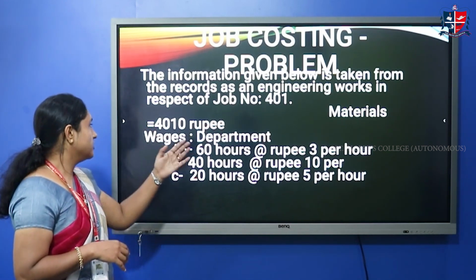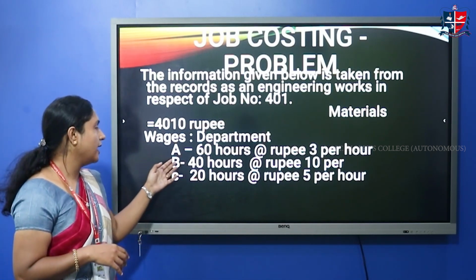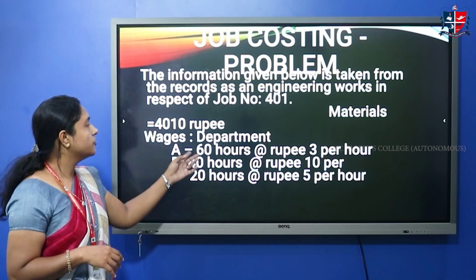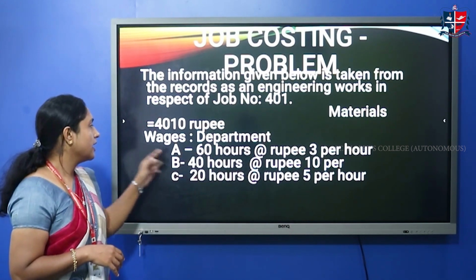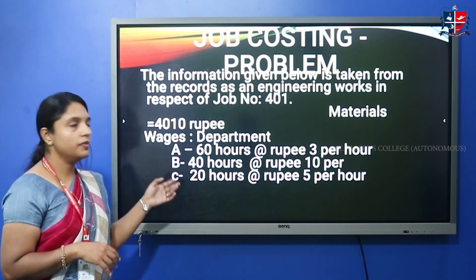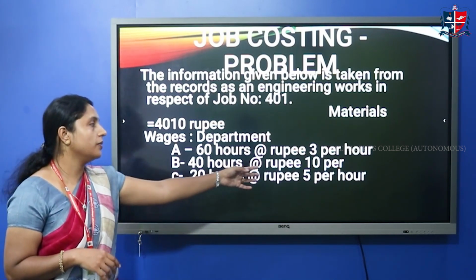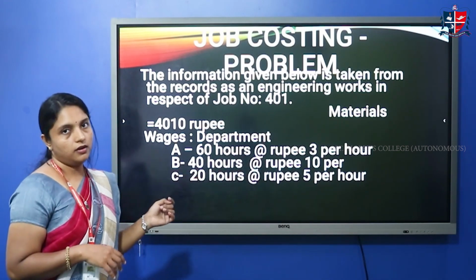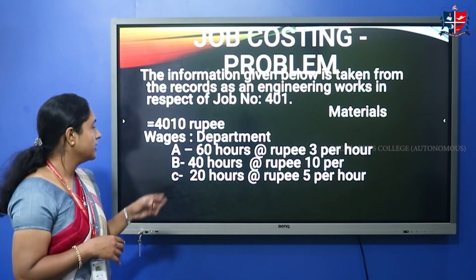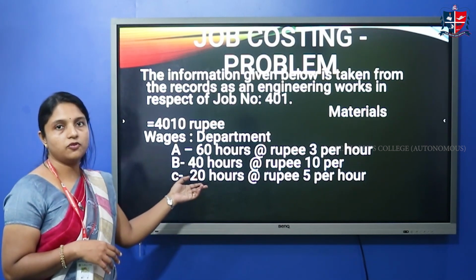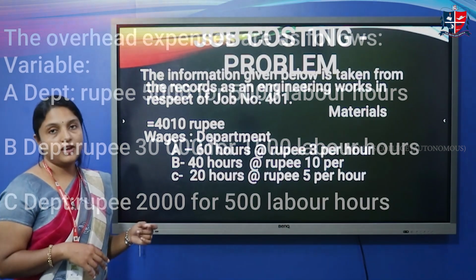Then wages incurred in each department: in department A, the laborers worked for 60 hours and the rate per hour is rupees 3. In department B, the laborers worked 40 hours at a rate of 10 rupees per hour. In department C, the laborers worked for 20 hours at rupees 5 per hour.